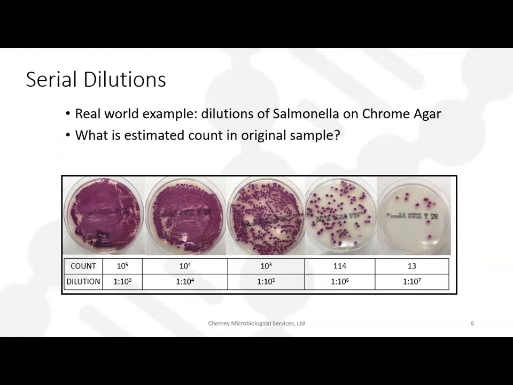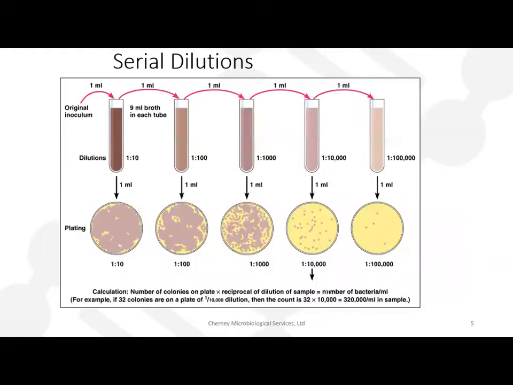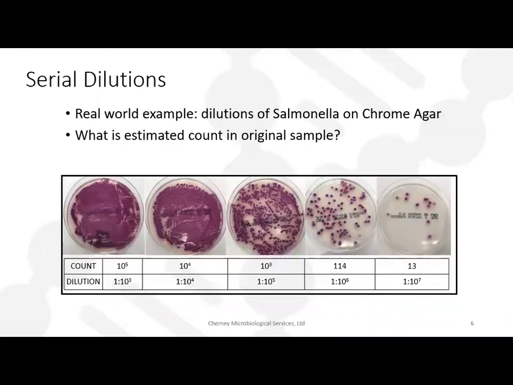If I take it back one step, you can see we plated 1 mil from there, and then we were able to calculate what our dilution factor was. However, in here, we don't know if we plated 1 mil. We don't have this information. It's missing. So we're not able to accurately say what our dilution factor was, because you can't automatically assume it's 10 to the 6th, because it's based on the amount that you plated.